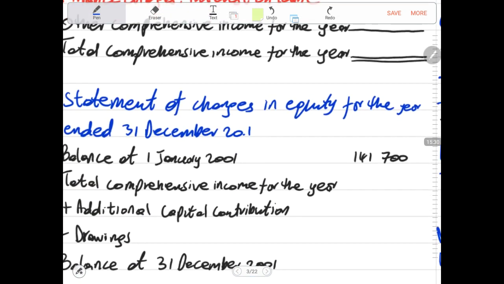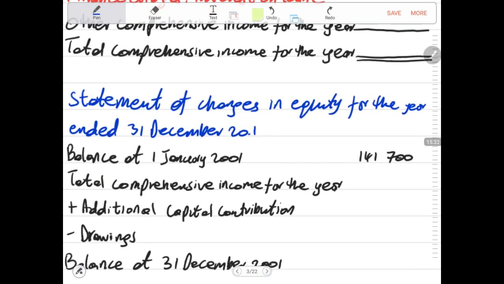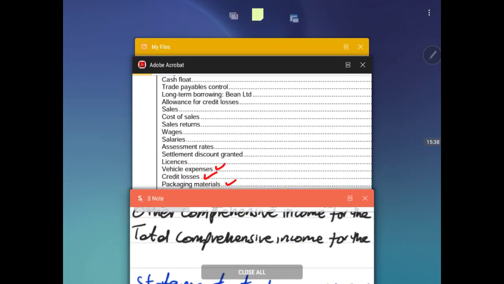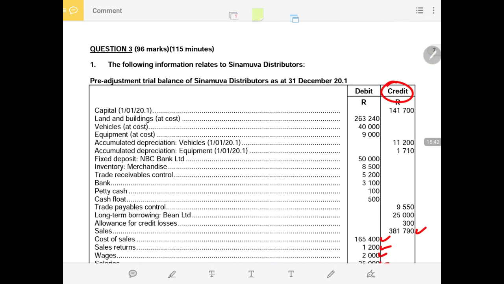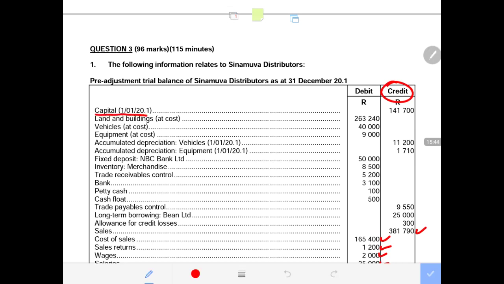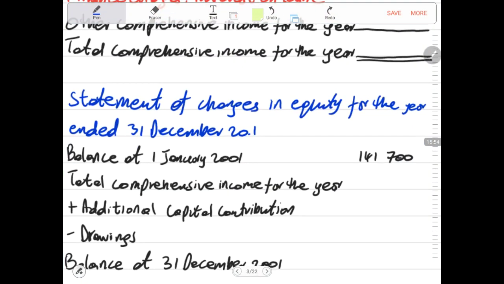Then after we come to the second statement, the statement of changes in equity for the year that ends 31st December. Opening balance of the equity to the capital. Opening balance of the equity is the capital of how much? 141,700, and the date is specified 1st of January 2001. So we take that, we record it.